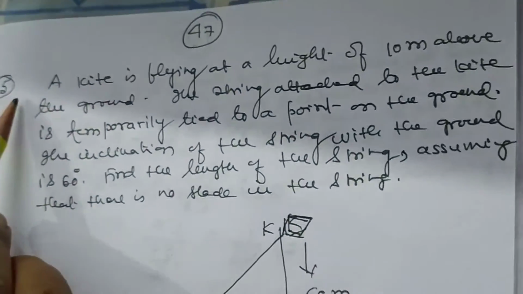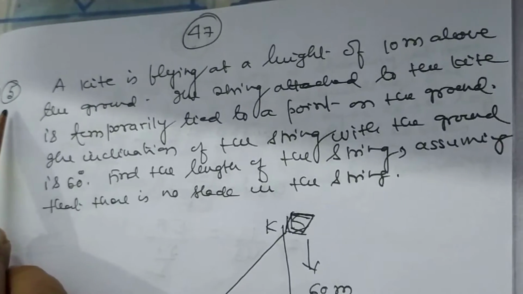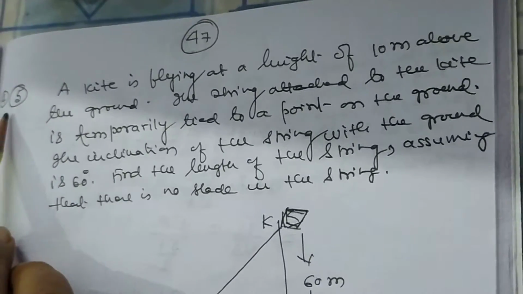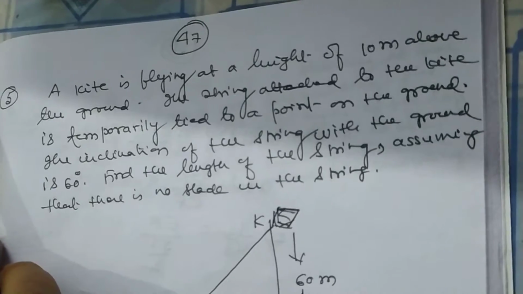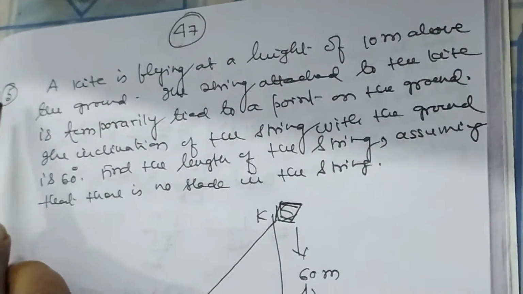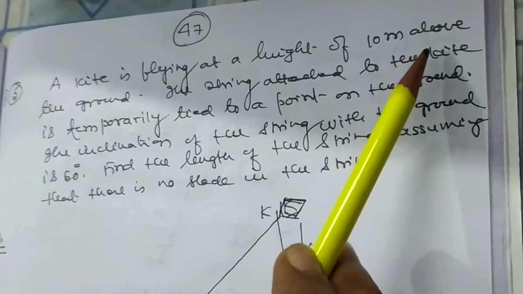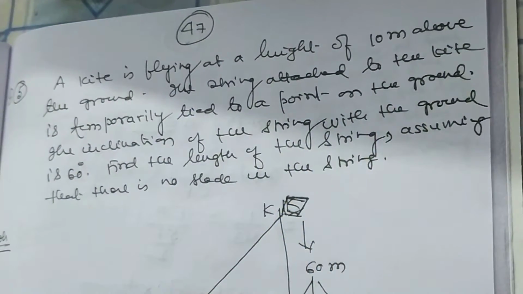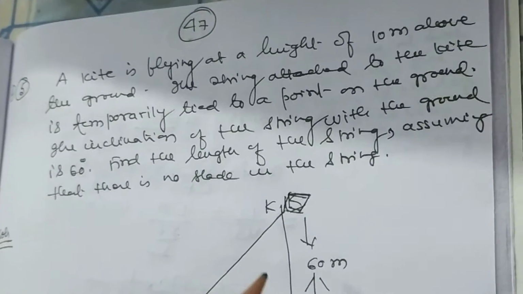My dear students, now I want to solve problem number 5 of NCERT and problem number 4 of the study material. A kite is flying at a height of 10 meter above the ground.